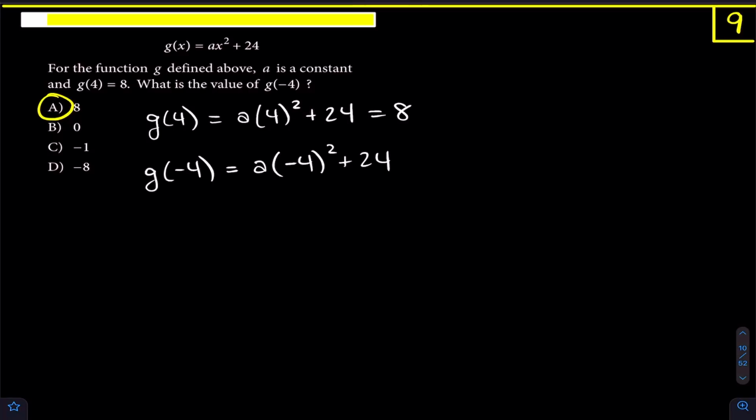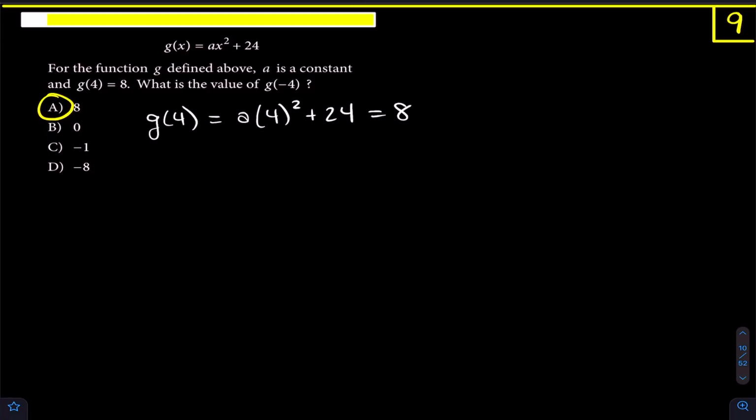And what that means is that the negative drops. So this right here is a times 16, and this guy is also an a times 16. So there's another clue that g of 4 is the same as g of -4.